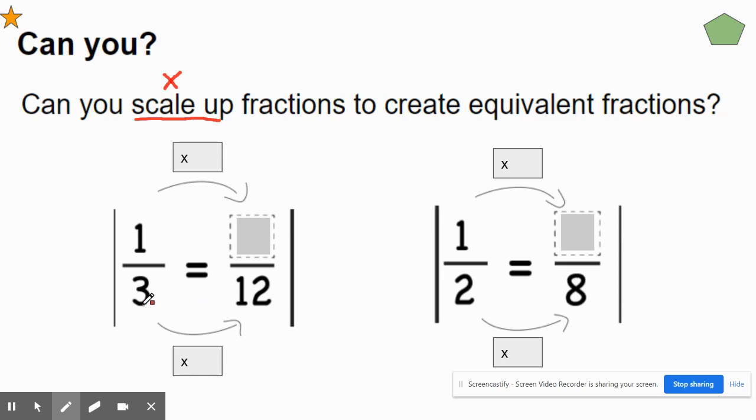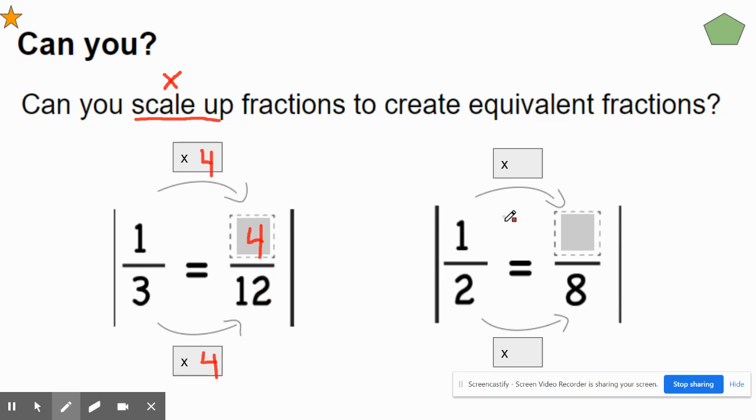So if I go 3 times what gives me 12? Well, I know that that's going to be 3 times 4. Okay, and whatever I do to the bottom, I have to do to the top. So 1 times 4 gives me 4. So this first scale up problem is 4 over 12. 1 over 3 is equal to 4 over 12.